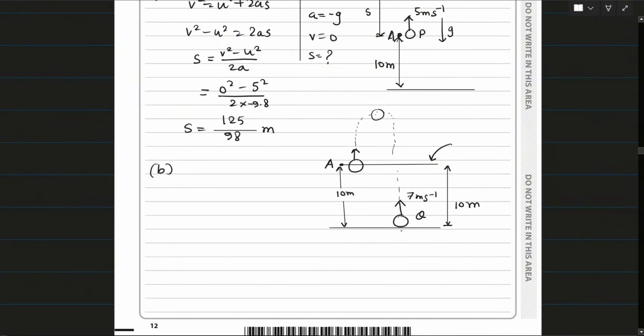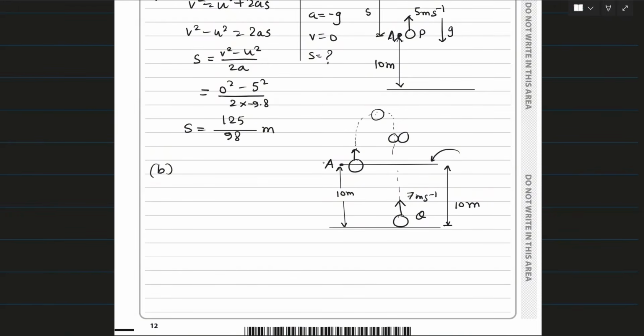And as particle Q is on the ground, we calculate the displacement of particle Q from the horizontal ground. So there are two possibilities here. One is that particle P and particle Q collide above this line, let's say somewhere here.